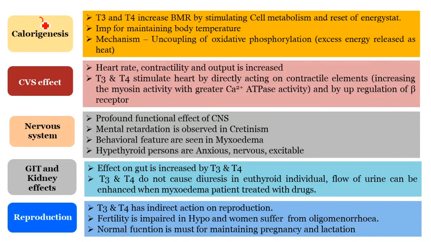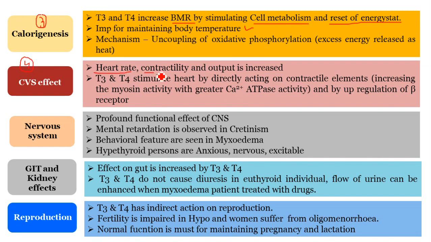Now the third important action related with the thyroid hormone is calorigenesis. T3 and T4 increase the BMR, stimulate cell metabolism and reset the energy state, which is important for maintaining body temperature also. Then the fourth important pharmacological action is the cardiovascular effects.